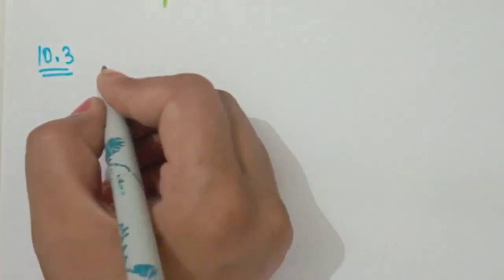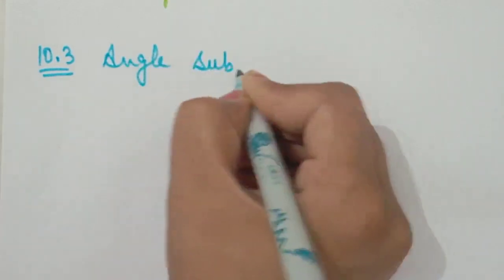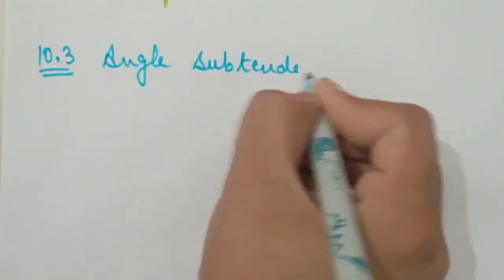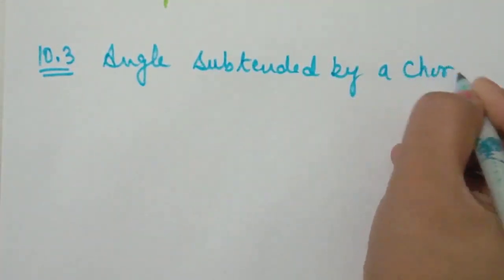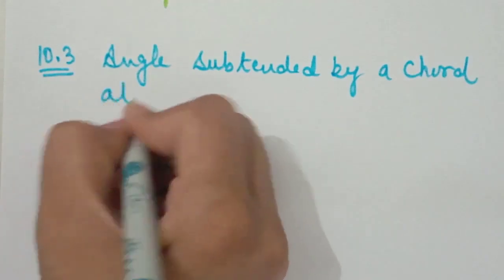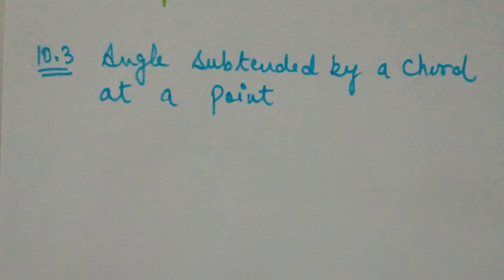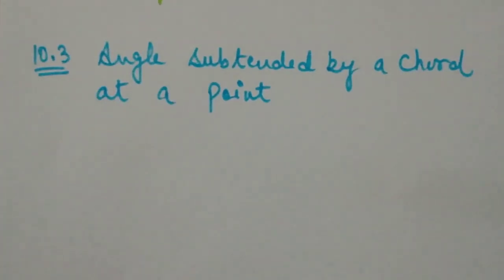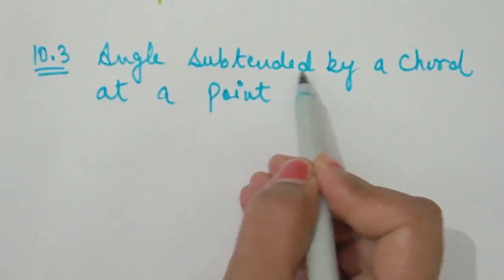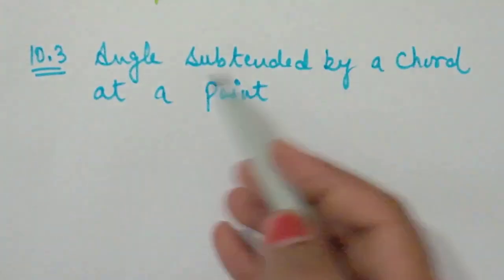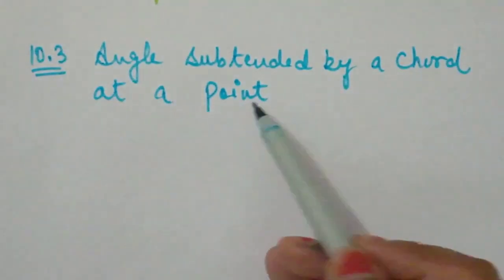Topic 10.3 is angle subtended by a chord at a point. First of all, it is a new thing for you. You have to understand the meaning of this topic. Angle subtended. Subtended means made. Angle subtended by a chord at a point.